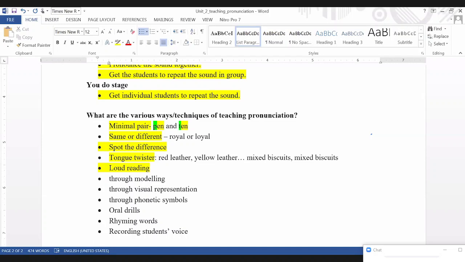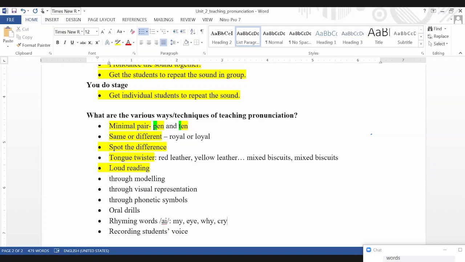In this way, we teach. So minimal pair, same or different activity, rhyming words. For example, if we want to practice this diphthong /aɪ/, then we can collect many rhyming words like my, I, why, cry.